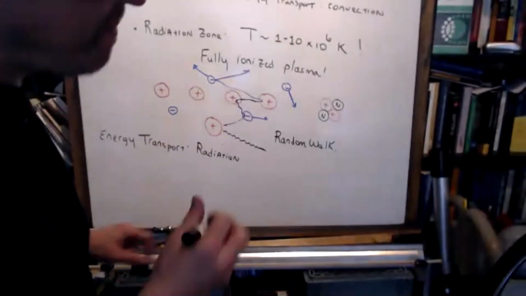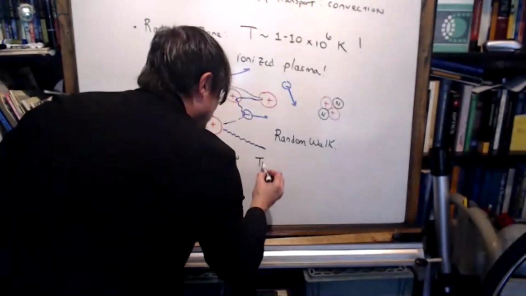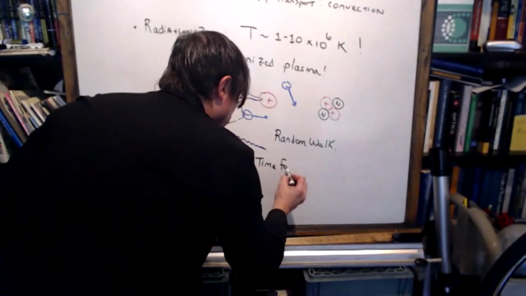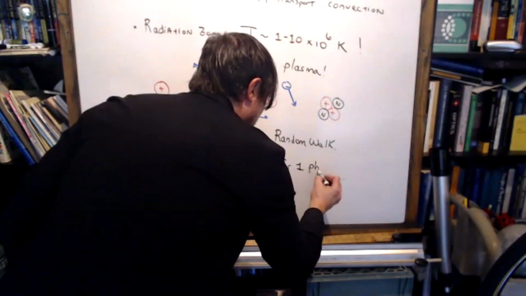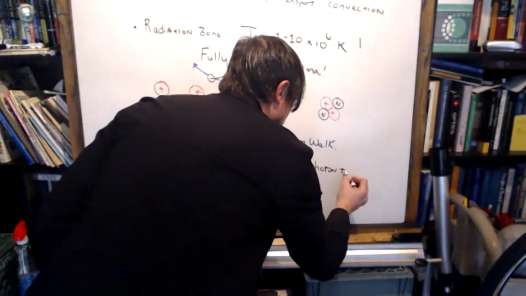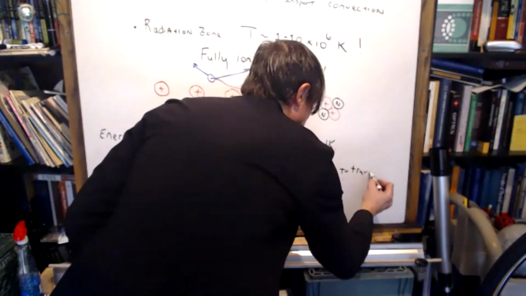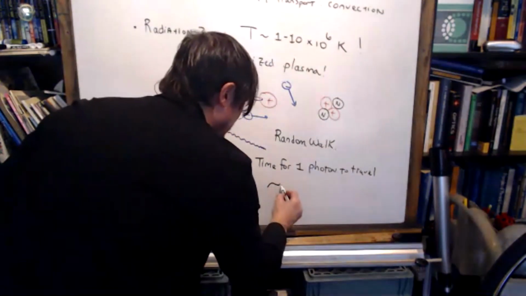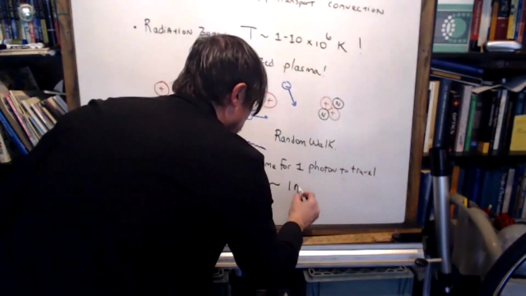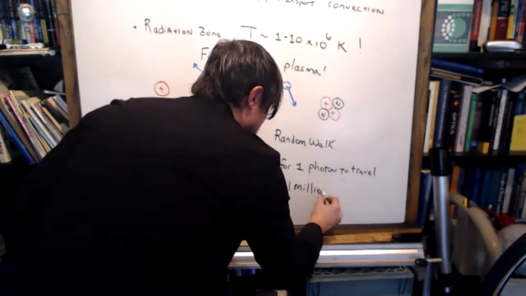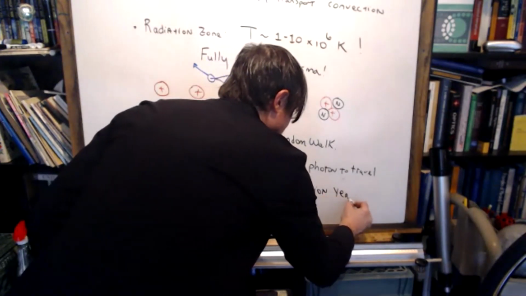The average time for one photon to travel through the radiation zone is approximately 1 million years.